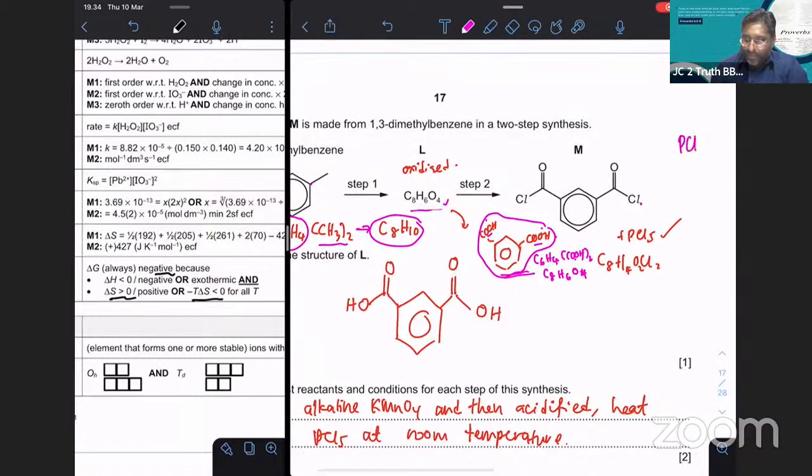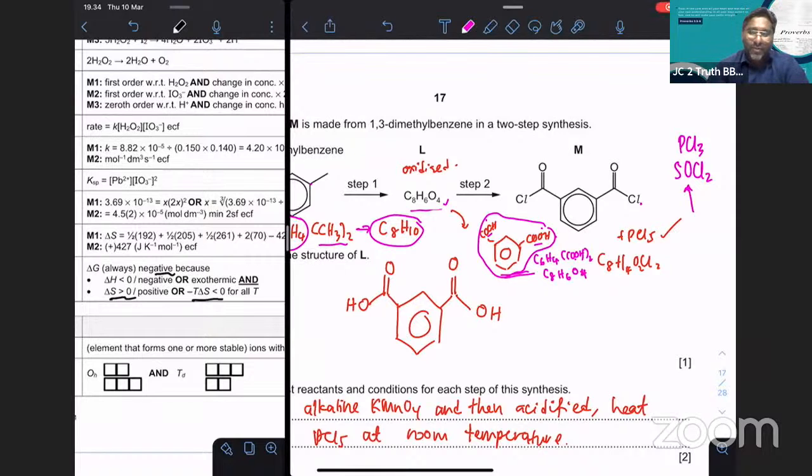You can react with PCl3, but you need to heat them. If you have SOCl2, this is going to be at room temperature, but this is not popularly used because it gives you SO2 and HCl. HCl is okay, SO2 is acidic, and HCl is also acidic. They say SO2 is poisonous, more poisonous.